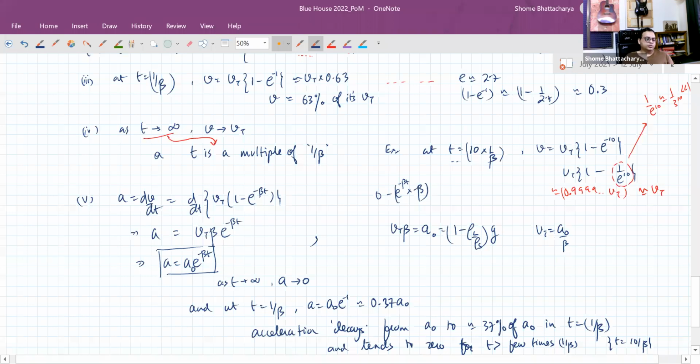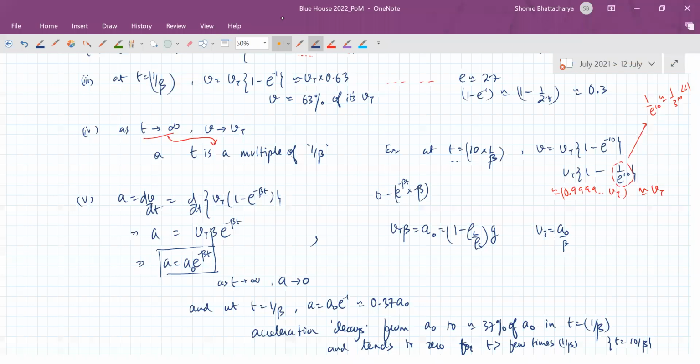So it almost tends to 0 by then, or it reaches the terminal velocity condition. Okay, so Jagannath and Rakshit, both of you, just go through this and write all this down.